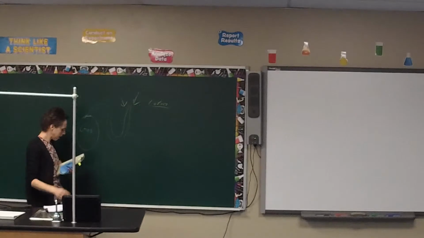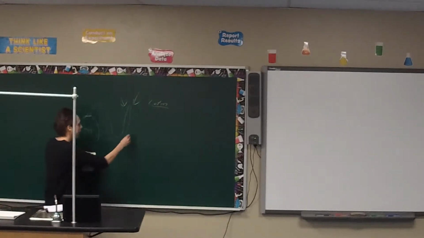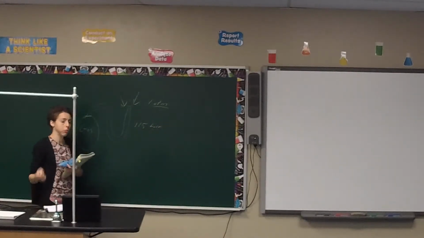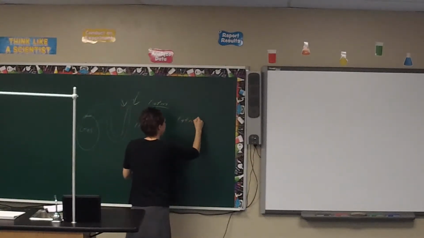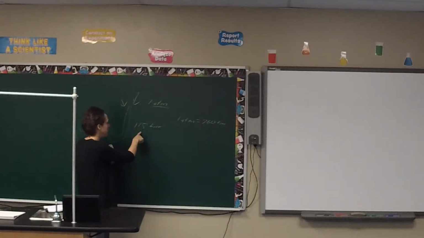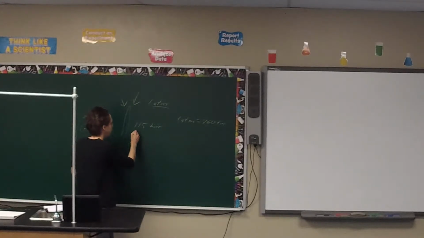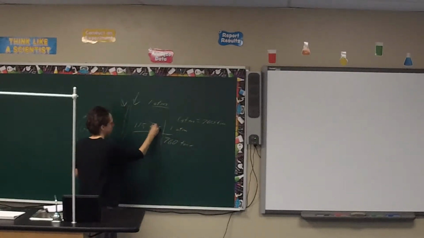It says to state your answer in atmospheres, so we'll convert this to atmospheres. If I have 115 torr, what do I need to do to go from torr to atmospheres? Remember, 1 atm equals 760 torr, so I divide by 760. 115 divided by 760 gives atm as a unit, since the torr cancel out.